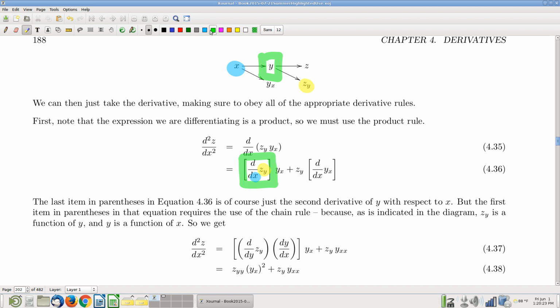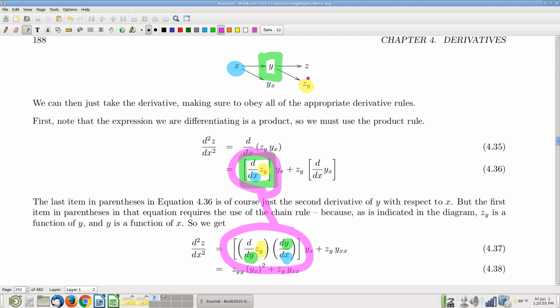And so I'm going to have the partial of z sub y with respect to y times the derivative of y with respect to x. So all I've done here is use the chain rule to work out that derivative. Everybody on board with that? Just chain rule.